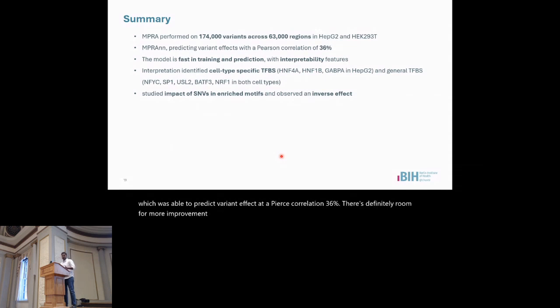The model is also fast in training and offers easy interpretability, where we saw that it was able to capture some cell type specific TF binding sites, at least in the case of HepG2, but mostly the general TFs in both cell types. And we also studied the impact of SNVs in enriched motifs and could observe a subtle inverse effect.